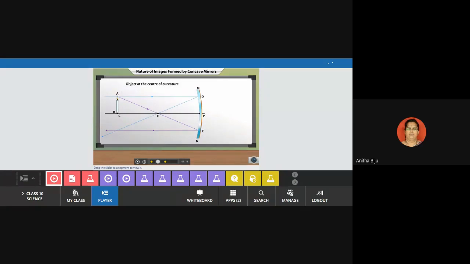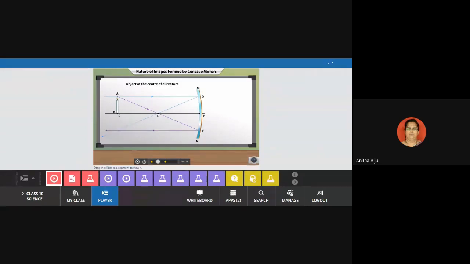After reflection, the reflected ray moves parallel to the principal axis. You can see the purple colored line, which represents the ray passing through the focus, and after reflection it is moving parallel to the principal axis.